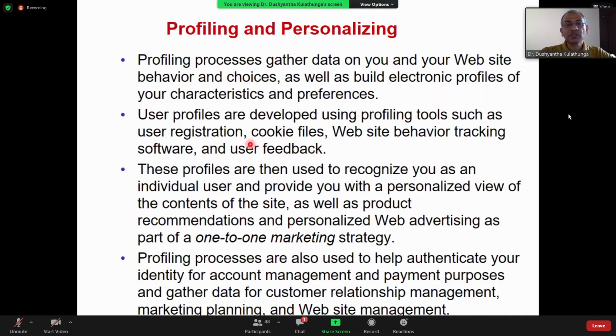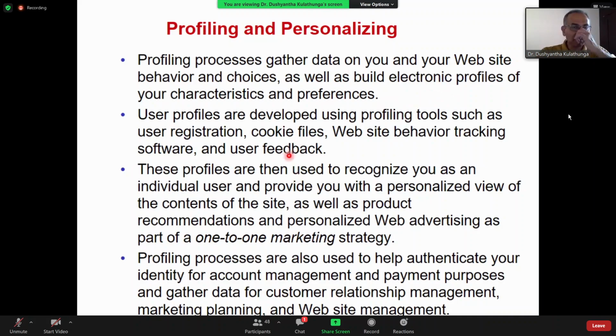So again, user feedback may be obtained utilizing different methods. They may send a questionnaire, and you may be asked to fill the particular questionnaire to give feedback. So from the particular feedback that they receive, they can get certain information to build your profile.